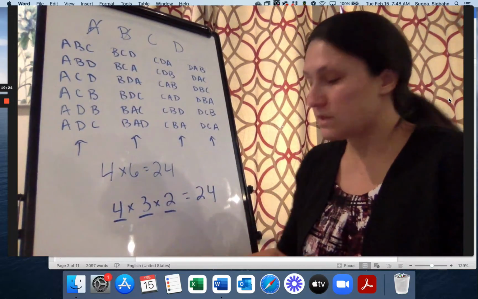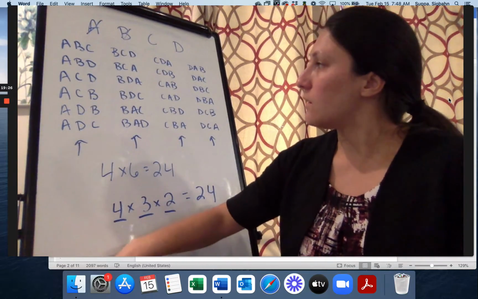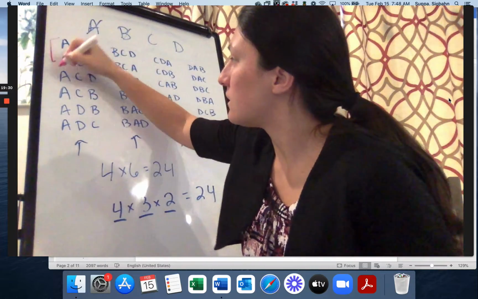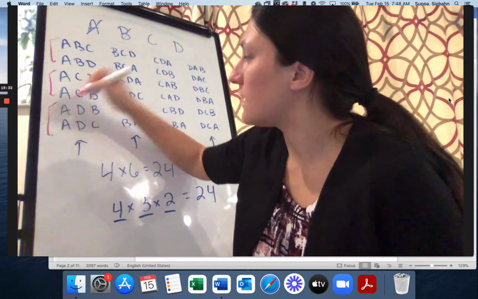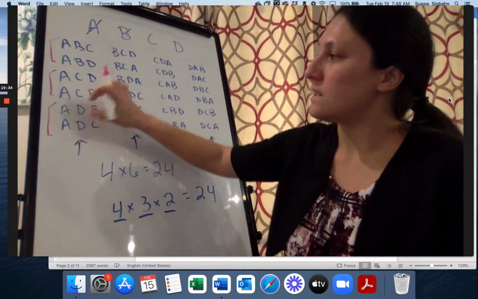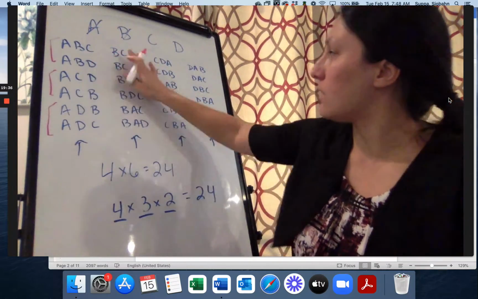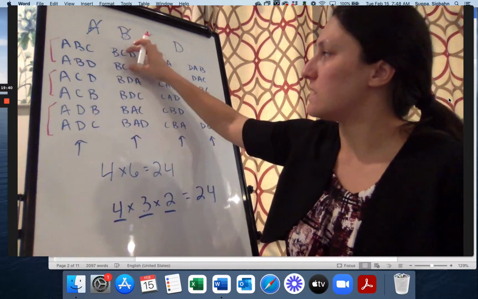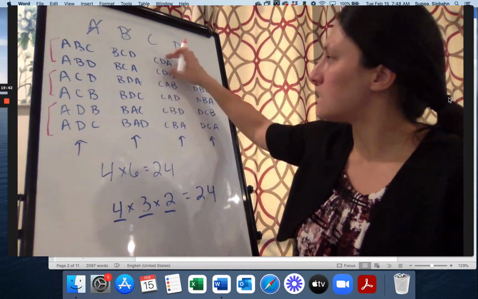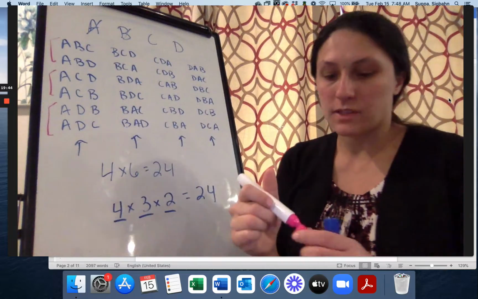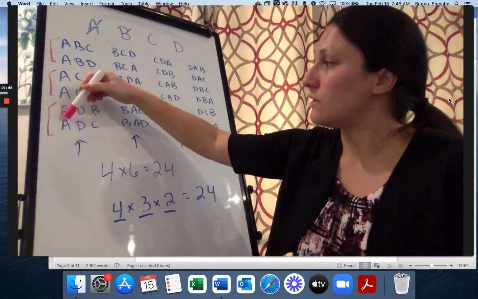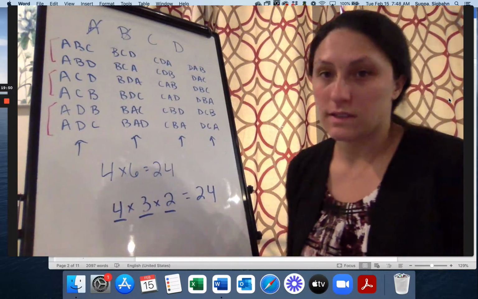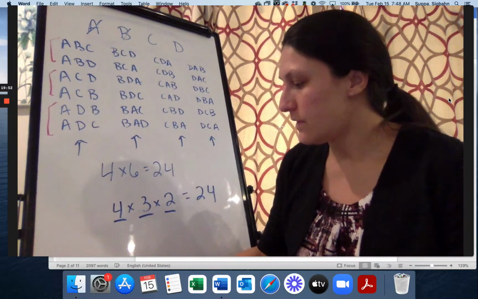And then the 3 times 2 nature comes from seeing that I have 3 groups, each of 2 sets, AB, AC, AD. And every one of these lists has that same kind of structure, BCs, BDs, BAs, CDs, CAs, CBs. So you can see 3 groups of 2, and then 4 groups of that whole thing repeated. So you can see that this makes sense.